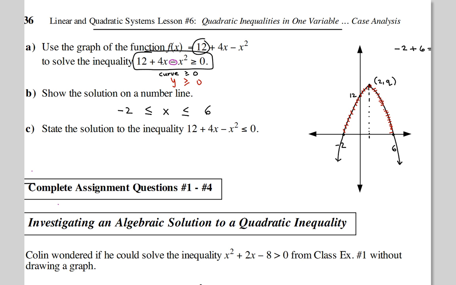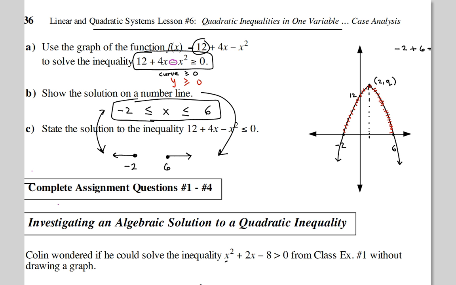Okay, so I think B and C need to be reversed, but it's all good. So the solution is this, and then the number line will be down here. So include 6 and go to the right. Include -2 and go to the left. And then you have to shade it, so.